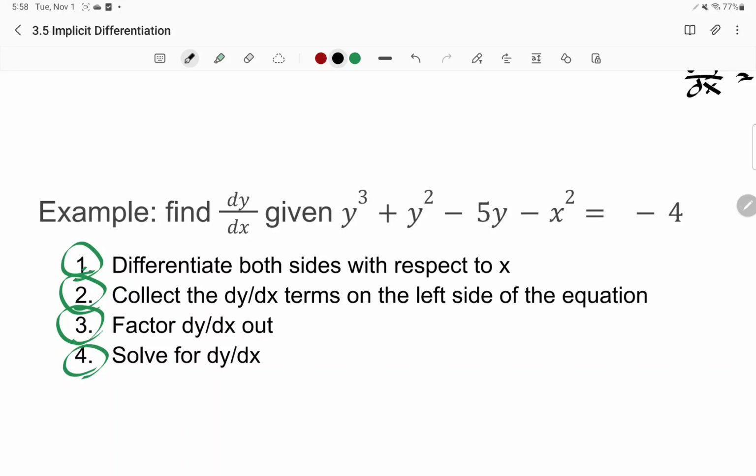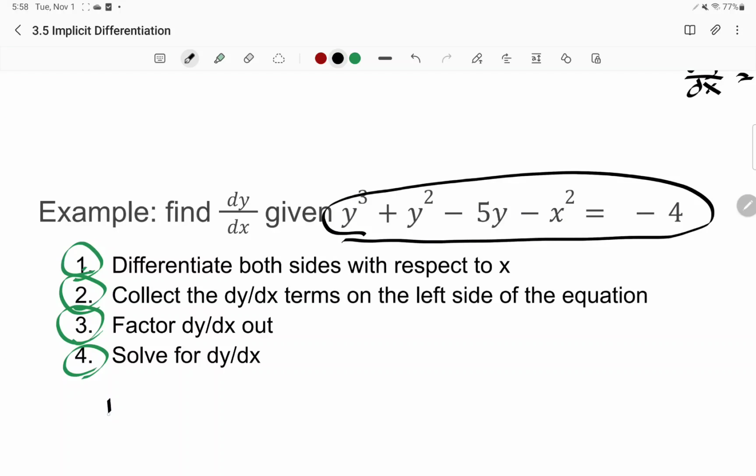All right, so we're finding the derivative of this. Number 1, differentiate both sides. So y to the third is 3y squared times the derivative of y, which is dy dx. Because since y is your function, you have to differentiate it like that. Plus 2y times dy dx minus 5.